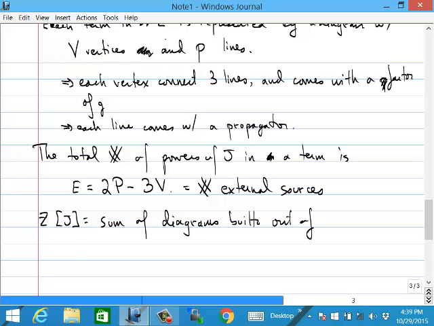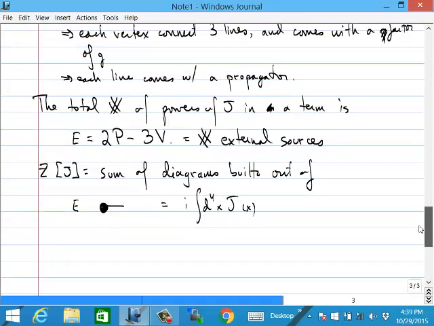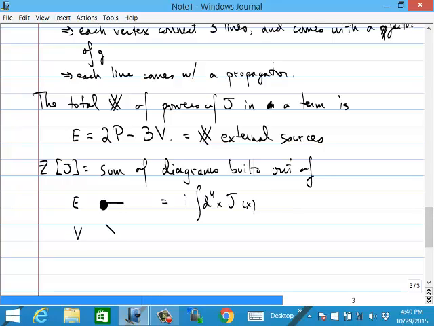So you have some number of external sources that are represented by a solid dot with a line. And for every external source, you write down a factor that looks like the integral d4x j of x. Every time you have v vertices that you use to connect up these external dots, each of which comes with a factor of g and an integral d4x.